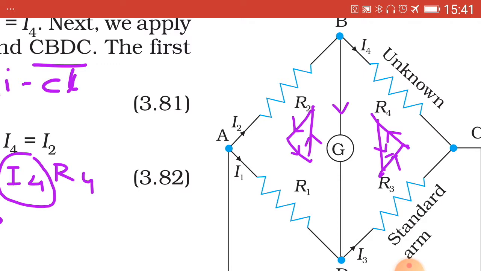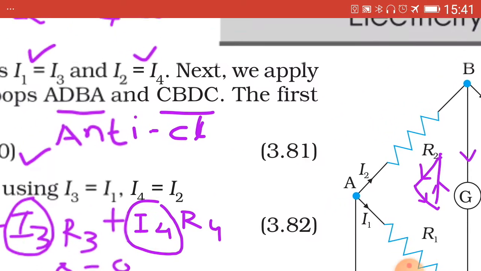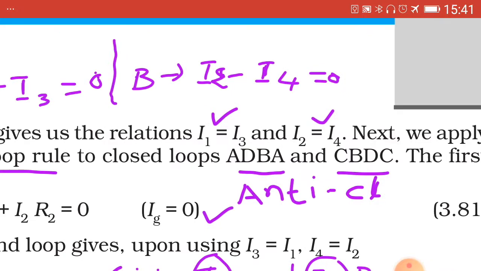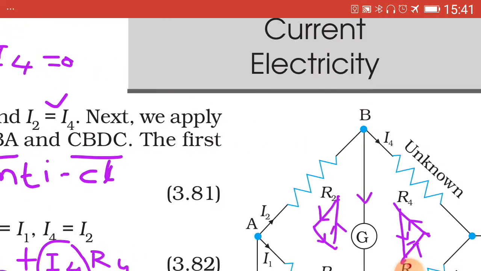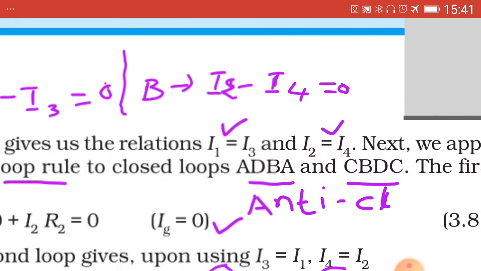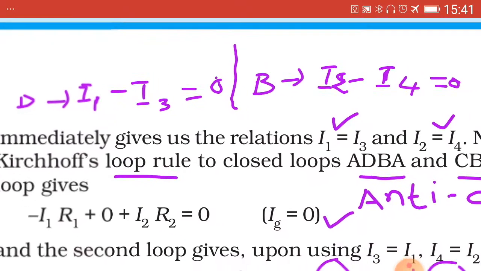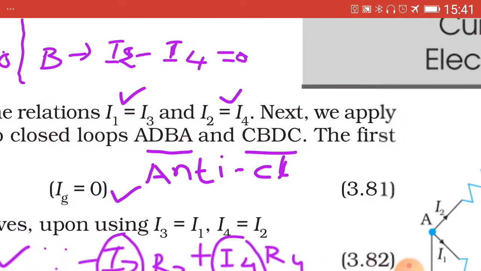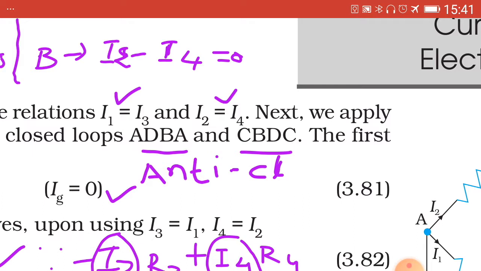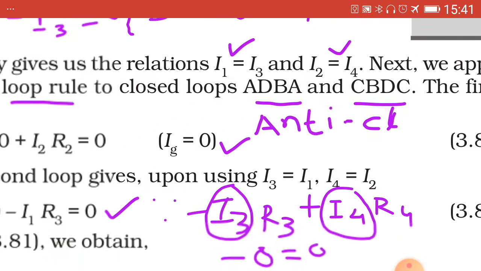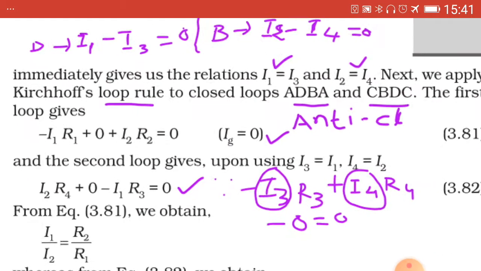As a result, at point D we have I1 minus I3 equal to 0, and at point B, I2 minus I4 equal to 0. Hence from the above equations, I1 equals I3 and I2 equals I4.